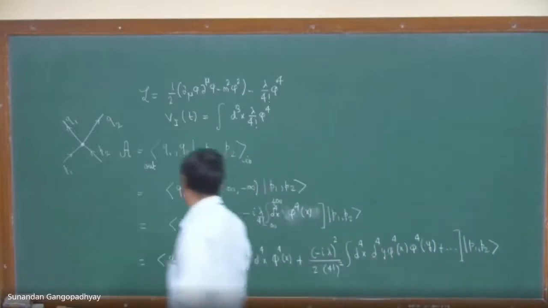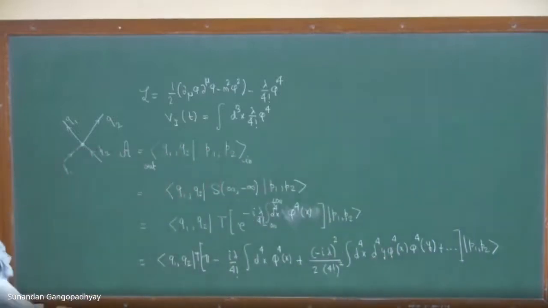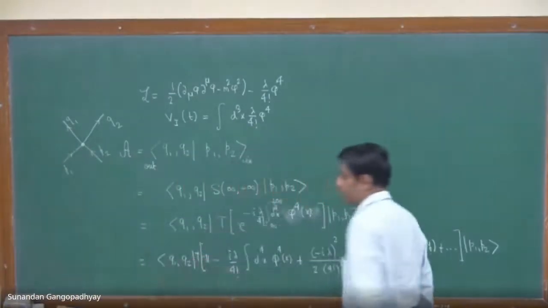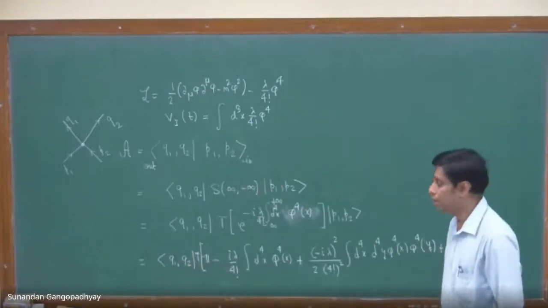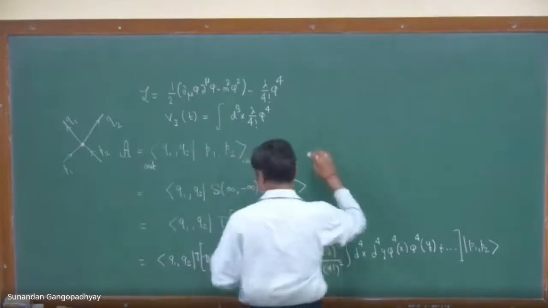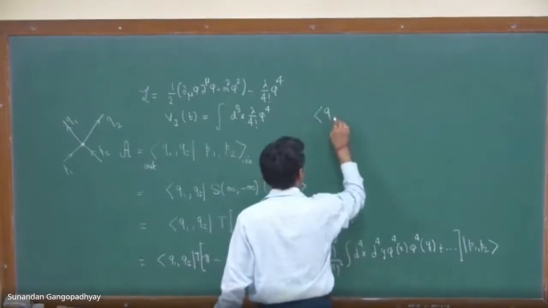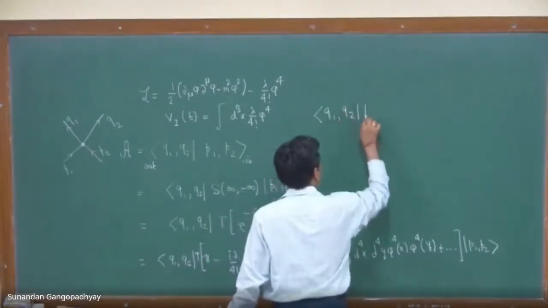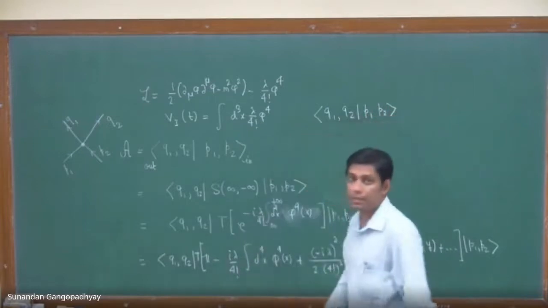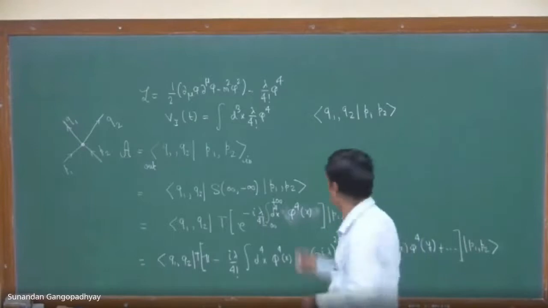So this is the scattering of two particles that we look at now. And from here you can see that this first term is a trivial term. This first term is the following: Q1, Q2, P1, P2, and these are basically eigenstates of the free part of the Hamiltonian.